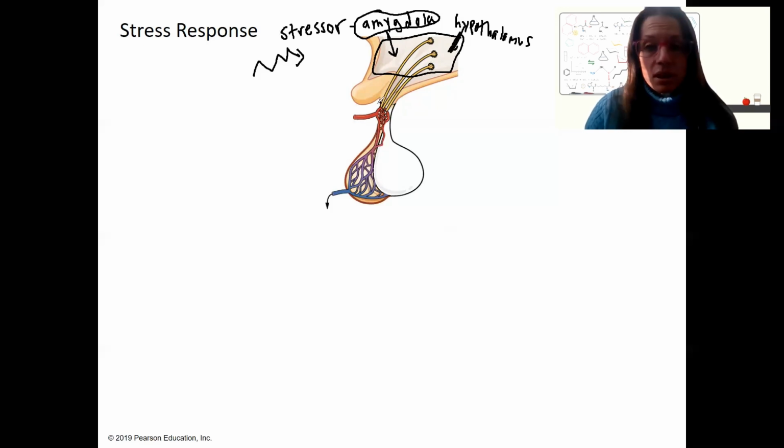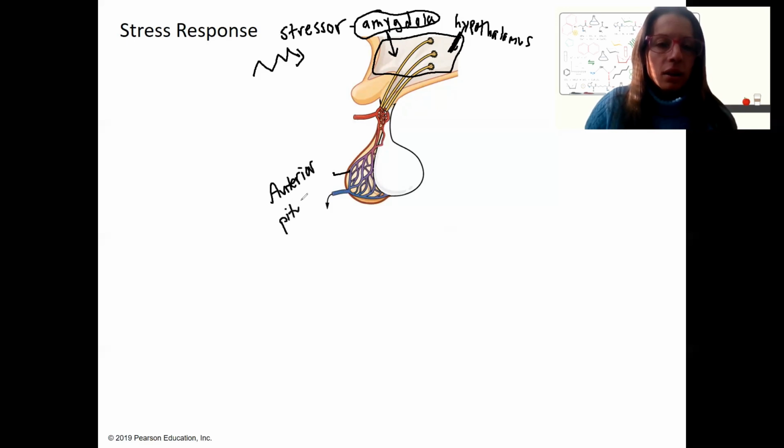The hypothalamus has lots of neurons, and shown here are the projections to where. You should know what this is. This is our anterior pituitary. And you can tell by the anatomy, this portal system here, and the axons end right at that location.